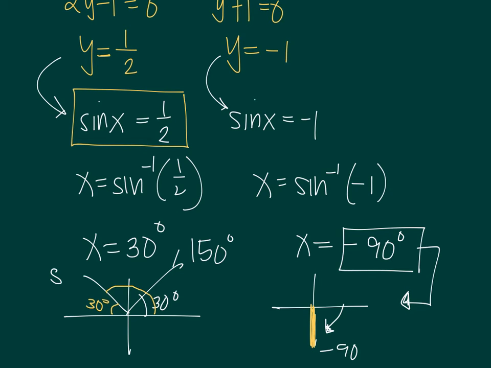To make -90 positive, we should measure it in a counterclockwise direction, and that will be 270 degrees to replace -90. Okay, so is there another angle whose sine inverse is -1?